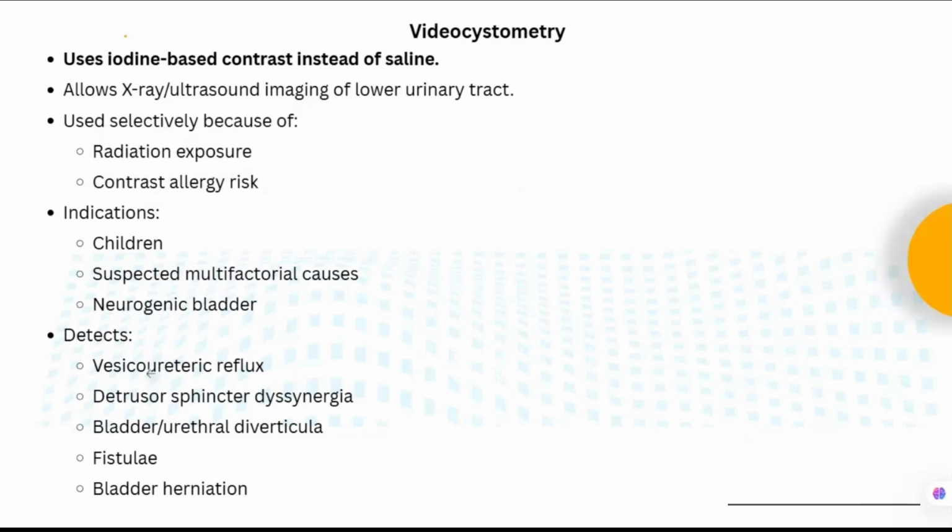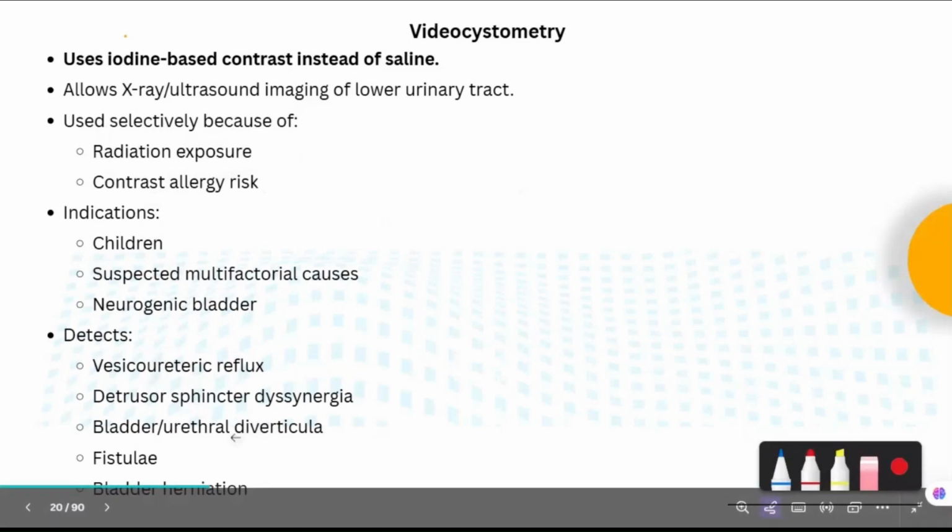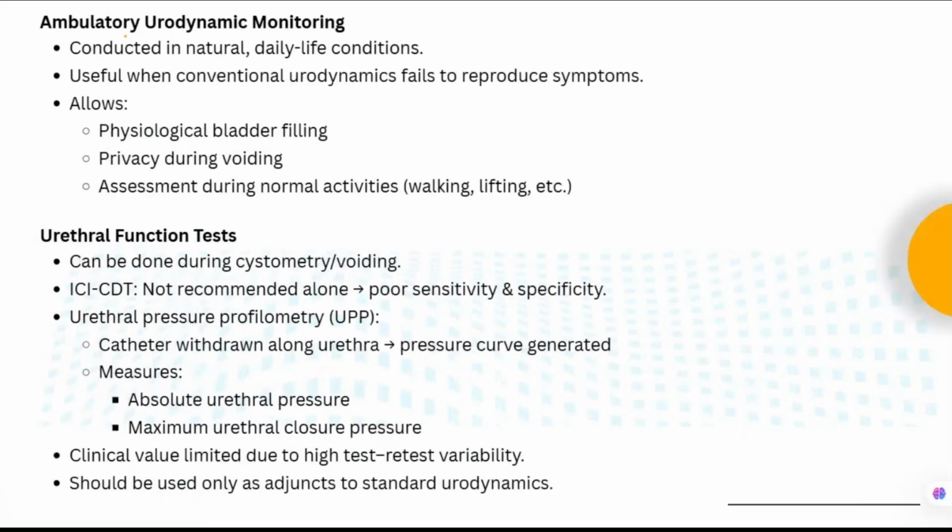It will detect vesico-ureteric reflux, detrusor sphincter dyssynergia, bladder and urethral diverticula, fistulae, and bladder herniation can be detected through the video cystometry.